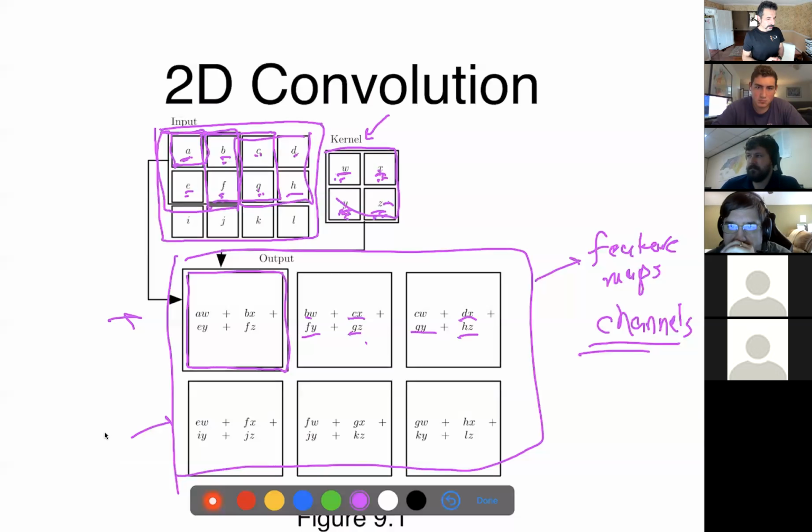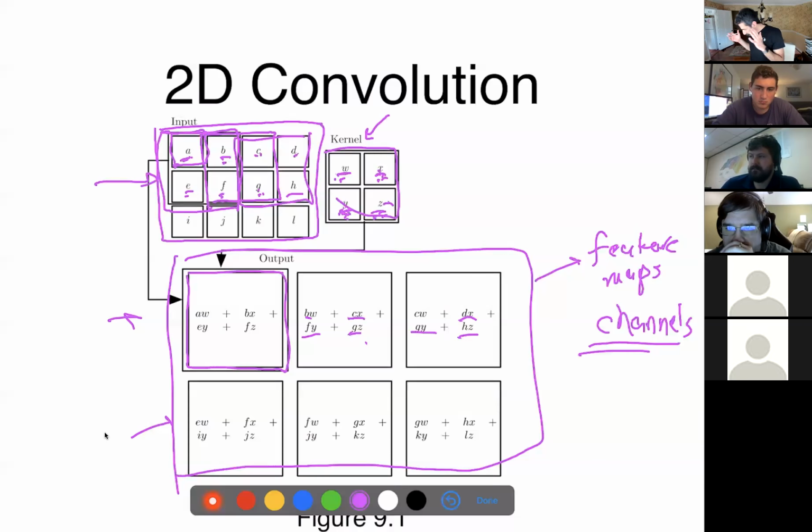And again, as I said, the input. So, for example, if it is an image, you may want to think, okay, it has 3 channels, right? For red, green, blue.